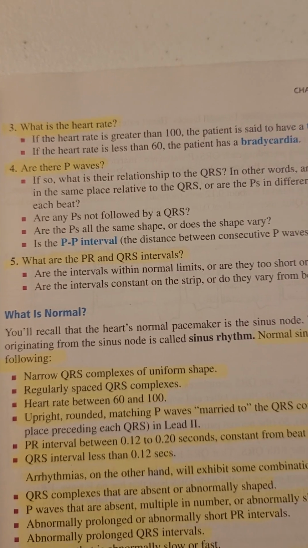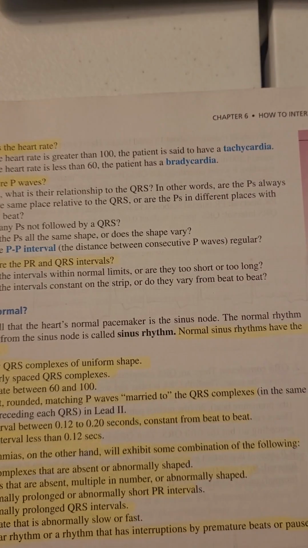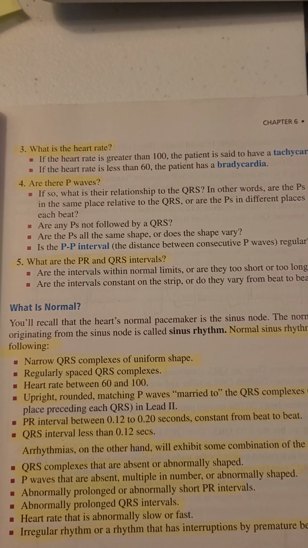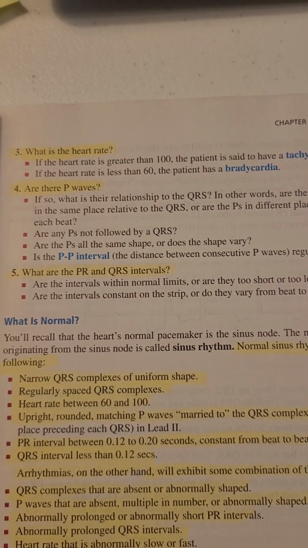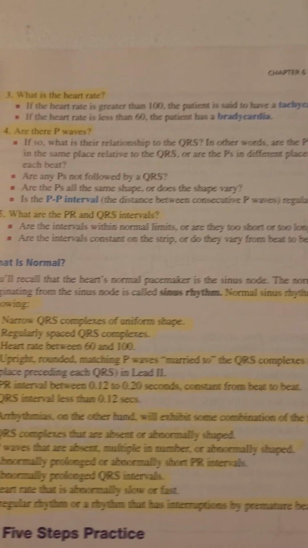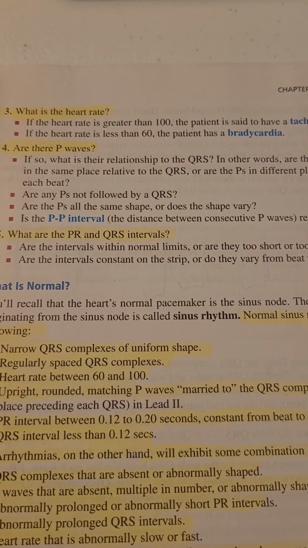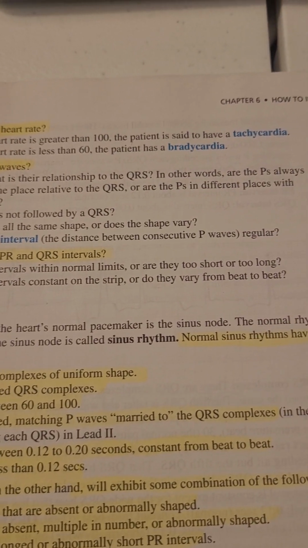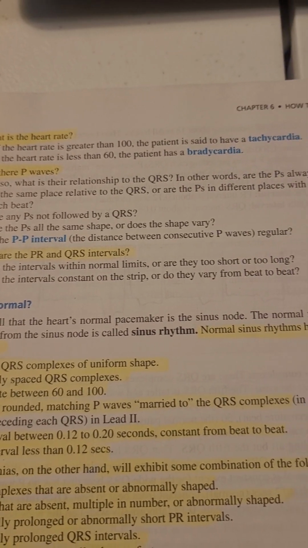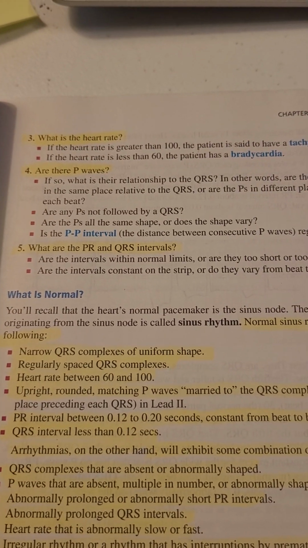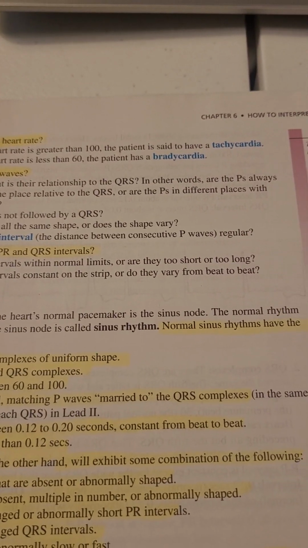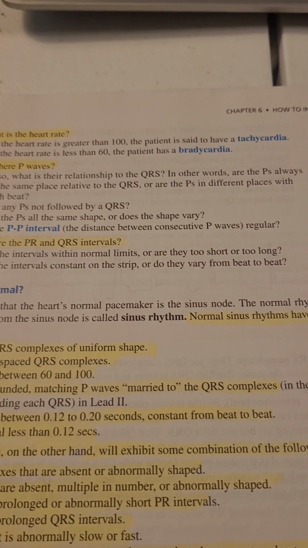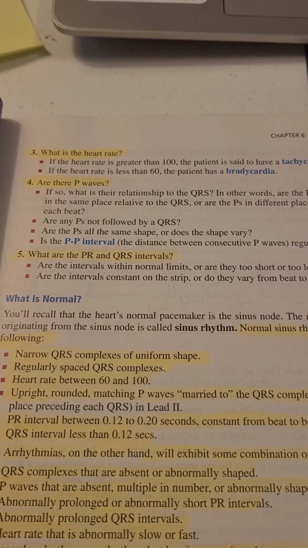Number 3: what is the heart rate? If the heart rate is greater than 100, the patient is said to have tachycardia. If the heart rate is less than 60, the patient has bradycardia. Number 4: are there P waves? If so, what is the relationship to the QRS? In other words, are the P waves always in the same place relative to the QRS, or are the P's in different places with each beat?